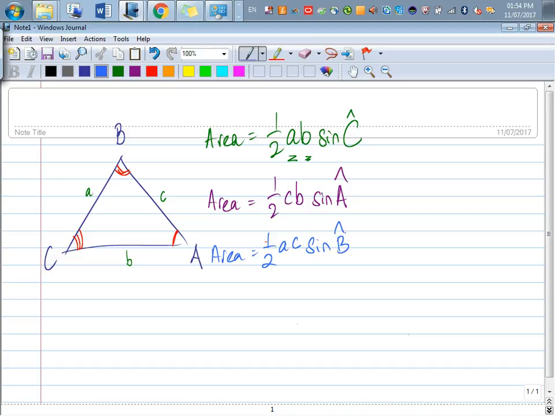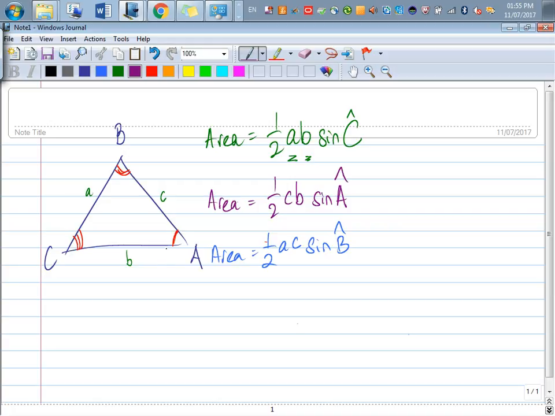Okay, just now we looked at the green one, let's look at the purple one now. Half times C. Where is C? Over here. Half times C times B times sine the angle in between them. One more time. Half times C times B times sine of the angle between them.